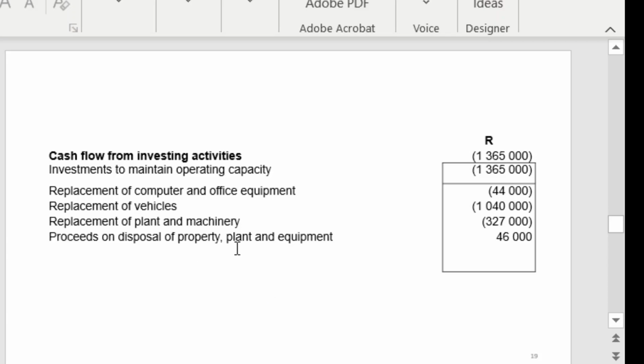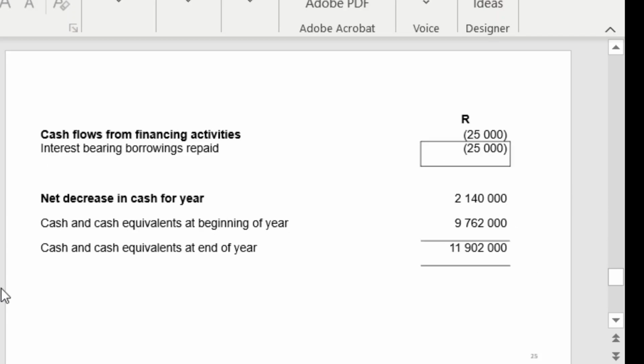So those are the activities that have occurred under cash flow from investing activities. Now let us look at the last part of our cash flow statement, cash flow from financing activities. These normally comprise the borrowings as well as the share capital. So we're going to look at the calculations in the next slides.